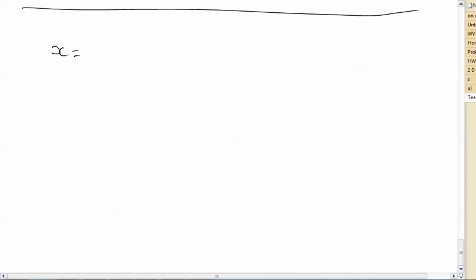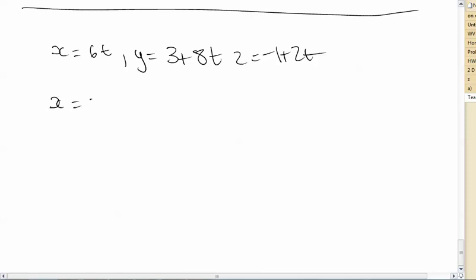X equals 6t, y equals 3 plus 8t, and z equals -1 plus 2t. And for the other line, you have x equals 2 plus 3s, y equals 4s, and z equals 1 plus s.